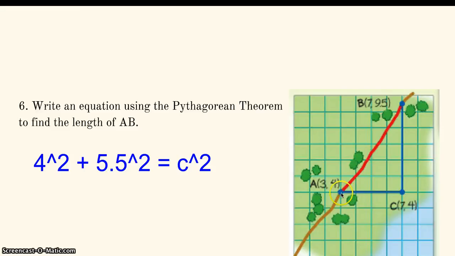So I'm plugging in the length of AC, which is 4, so we have 4 squared. Then we have the length of BC, which is 5.5, so we have 5.5 squared, which is equal to c squared, our length of AB.